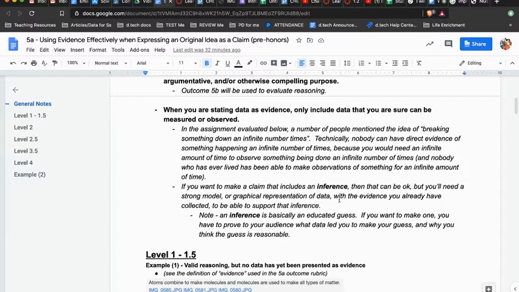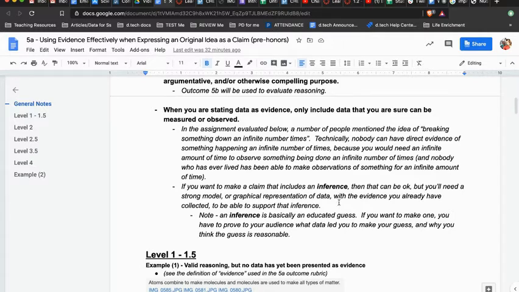So when we're talking about making evidence-based claims, if you are specifying that this is a theoretical claim and you're not trying to definitively prove absolute truth, there's a gray area here. It's a little bit unclear.